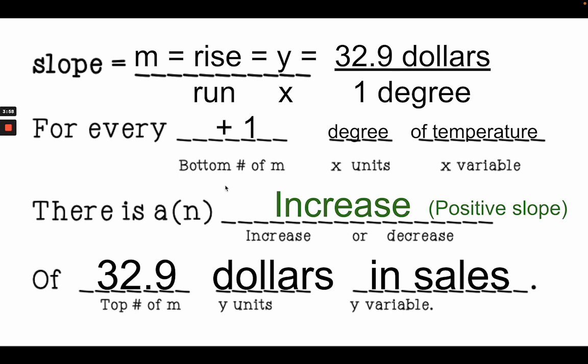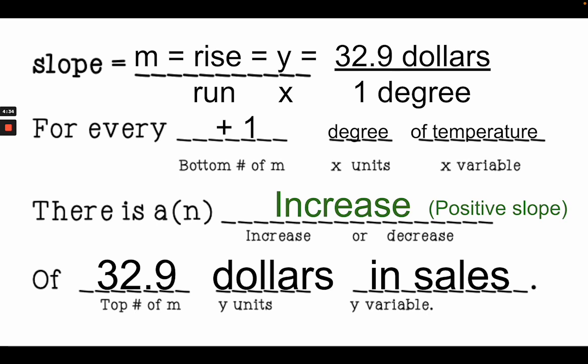So I put some hints down here for you to look at of how to fill in the line, and let's talk about those. For every one, so this one is usually always going to be 1 because we like the bottom to be 1. But if it's a different number, we're going to put the bottom number of our slope. Here's our units. Our units is degrees of temperature. So our x units is degrees, our x variable is temperature.